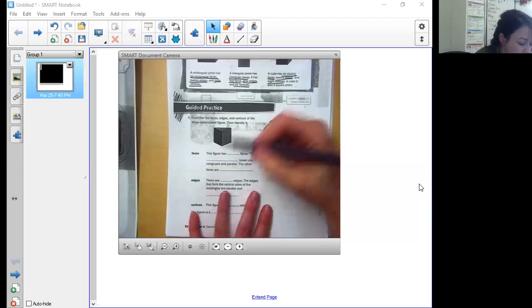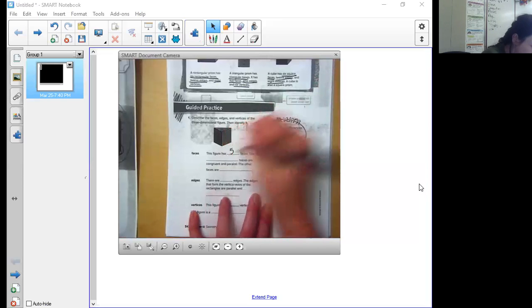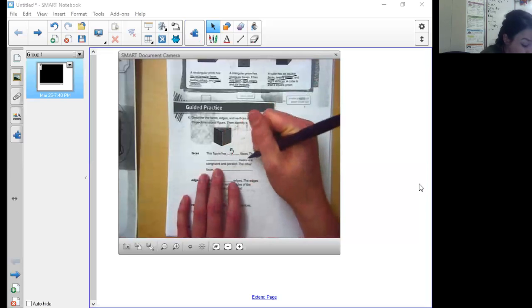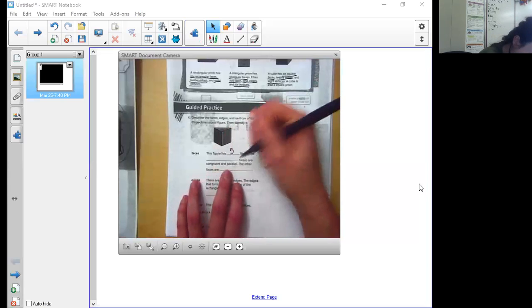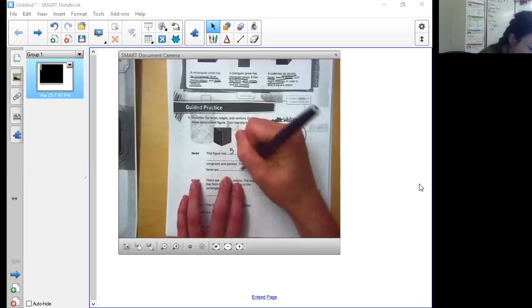So this figure has how many faces? Its bases are 2, and its side faces are 1, 2, 3. So I know it has 5 faces. The blank bases are congruent and parallel. So it's talking about the top and the bottom.